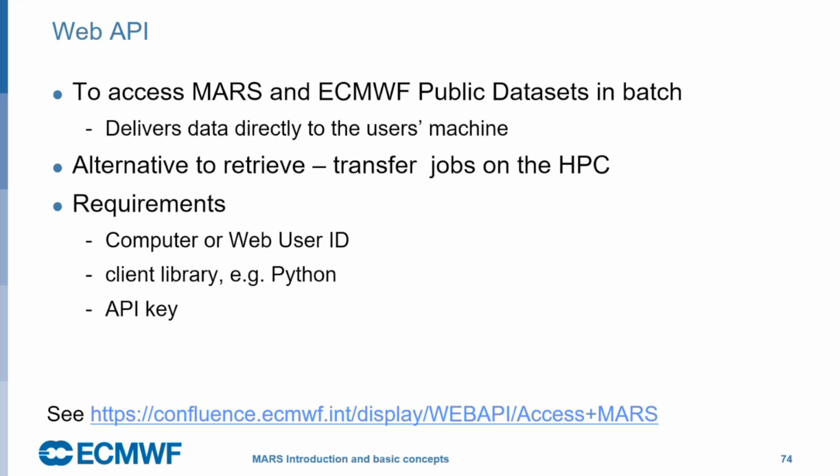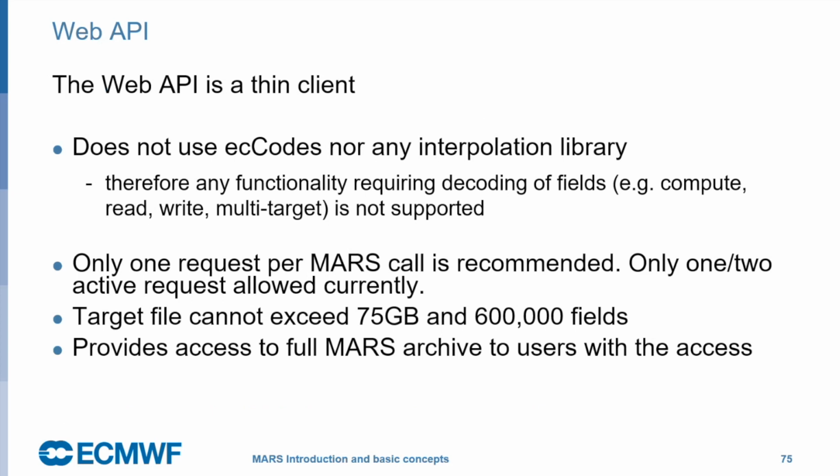You can also use it, but there are some additional limitations compared to what you can do from the Mars client on the Atos HPC. For example, the Web API doesn't have EC codes, so you don't have additional functionalities like compute, read file from target, and write. You cannot write in a single request to multi-target, which you can do on the Mars client. There are also limitations. Currently, only one active request is allowed per user on the Web API side.